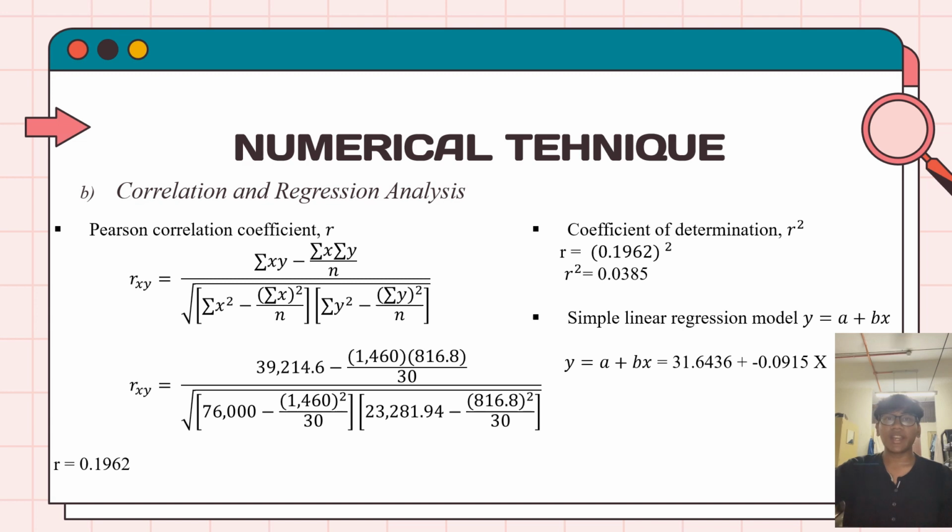This model suggests that for every unit increase in HDL, BMI is expected to decrease by 0.0915 units. This statistical analysis provides insight into the relationship between HDL and BMI, in understanding their association and predictive capability within the dataset.